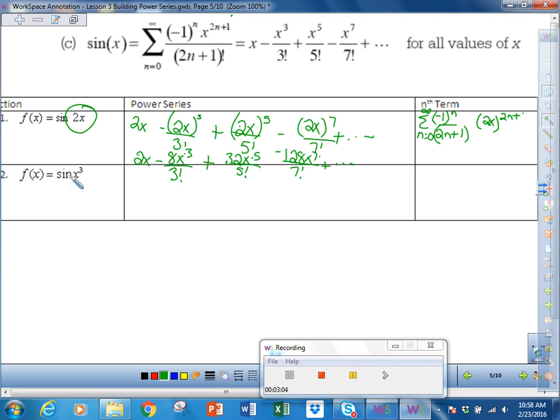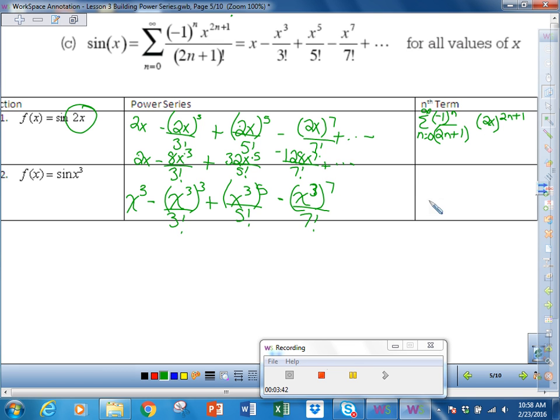All right, let's do that for sine of x cubed. Once again, every place I see x, I'm going to replace it with x cubed. So that's going to give me x cubed minus (x cubed) raised to the 3rd power over 3 factorial plus (x cubed) raised to the 5th power over 5 factorial minus (x cubed) raised to the 7th power over 7 factorial.